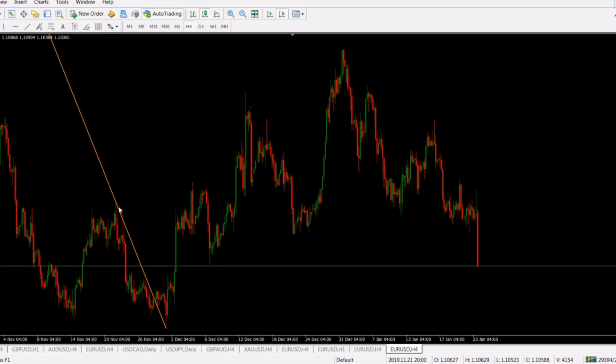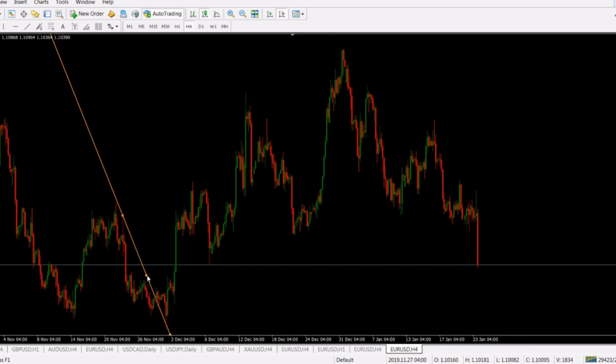This angle will repeat in time over and over. Look here. This angle doesn't change. The market repeats every time, regardless of the size of the repetition. About the size of the movement we'll talk another time.